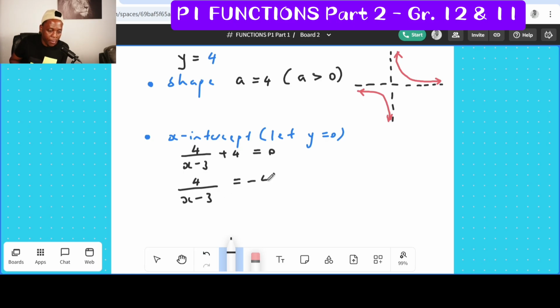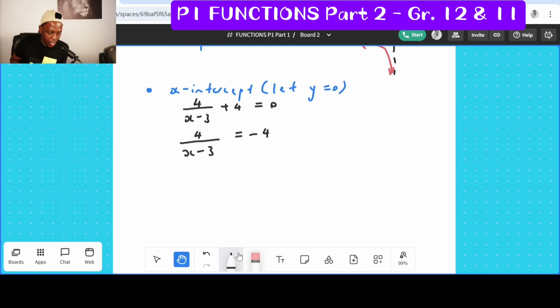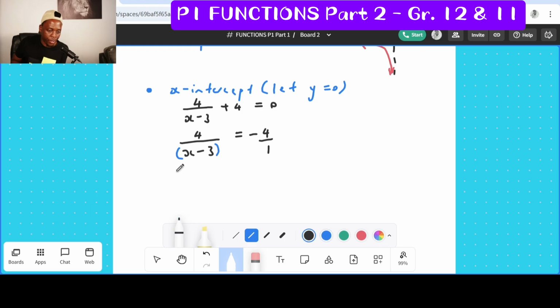Four will become negative 4, which we can also write as negative 4 over 1. And then this negative 4 is going to be multiplying this whole denominator right there. So that's negative 4 multiplying x minus 3.